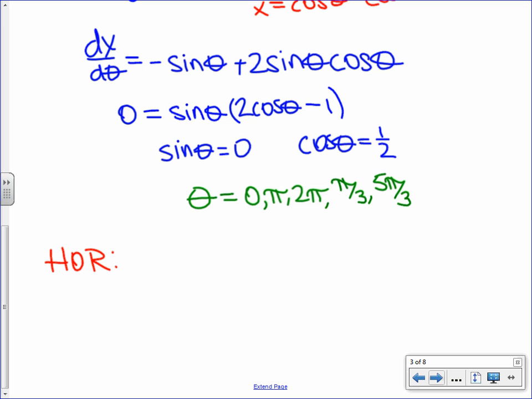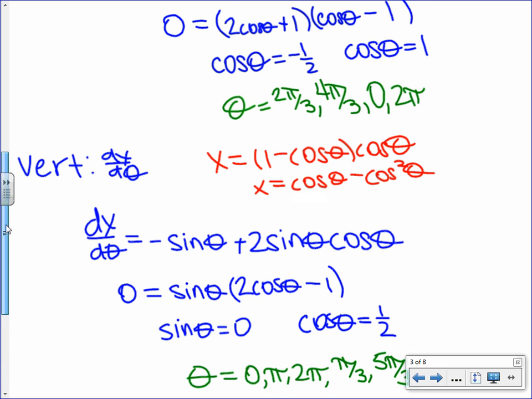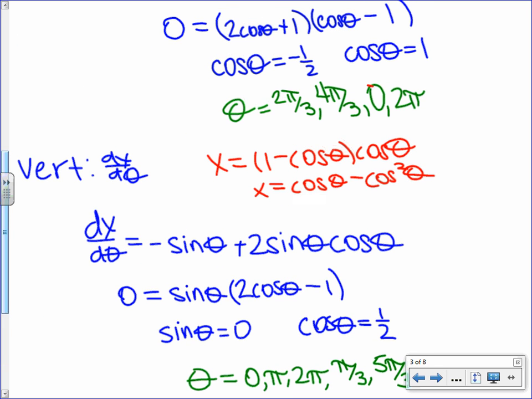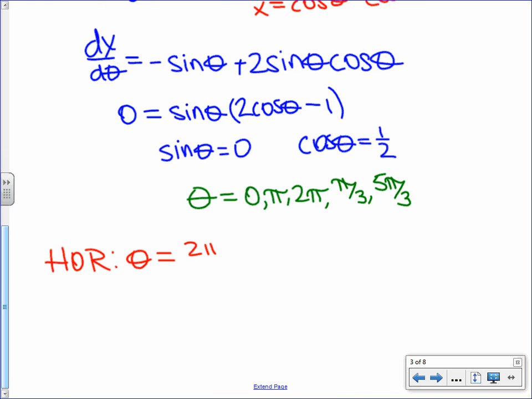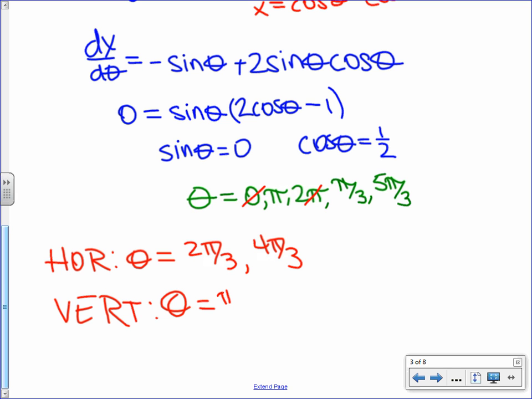So where do we really have horizontal tangents? 2 pi over 3 and 4 pi over 3. Where do we really have vertical tangents? Pi over 3 and pi.